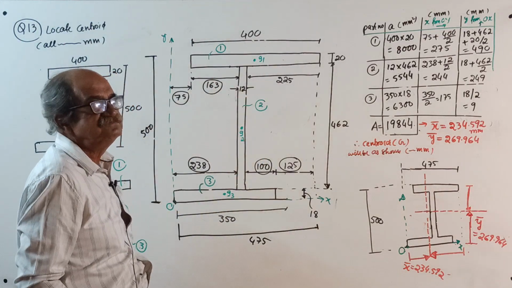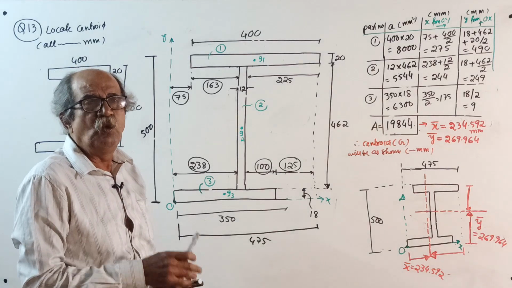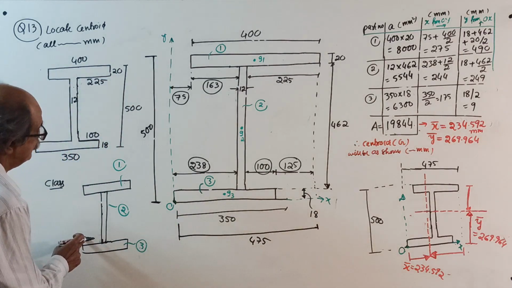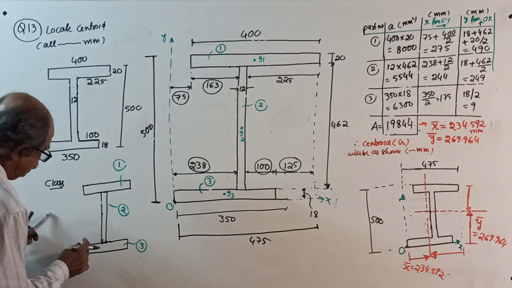Then, immediately you write: consider reference axes OX, OY for locating centroid. It will come a little this side actually, slightly out of scale.